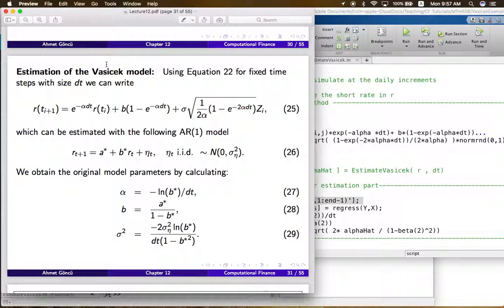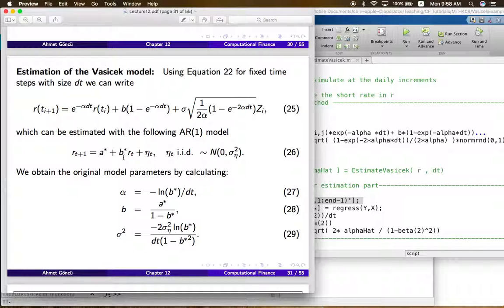Notice that once you have this equation, this is simply an AR(1), autoregressive of order 1, model in time series. So it's a regression problem where you model tomorrow's, or the next step's, r in terms of the current step rt with some constant coefficients, and you have the noise term, which is assumed to be IID.